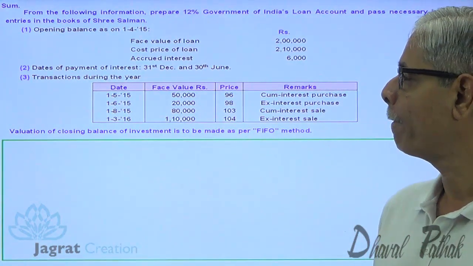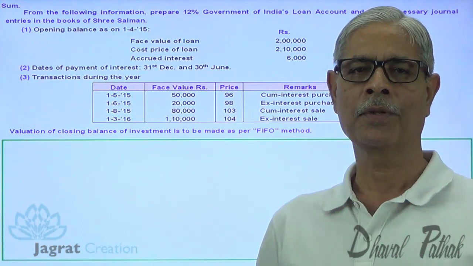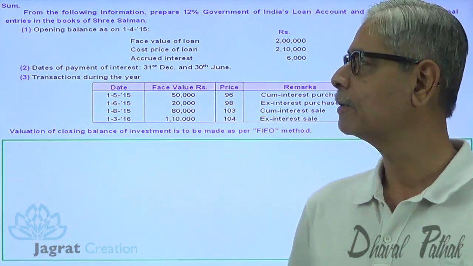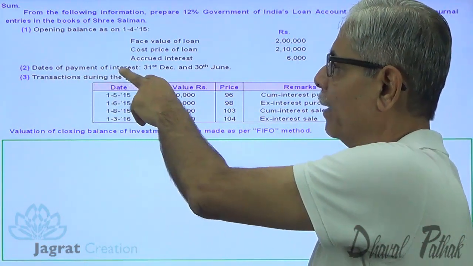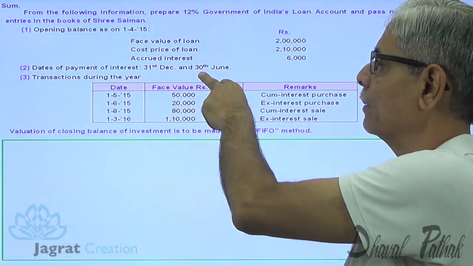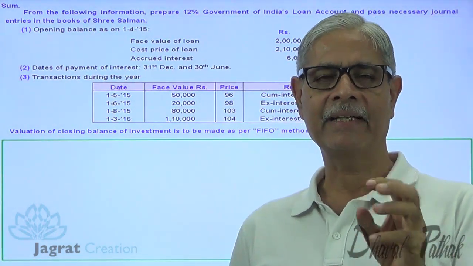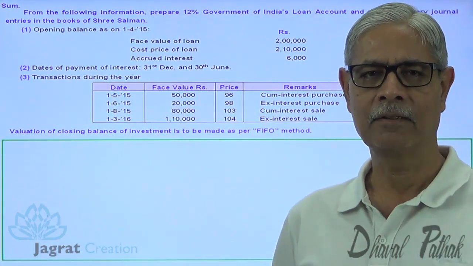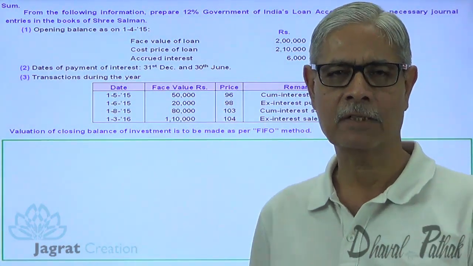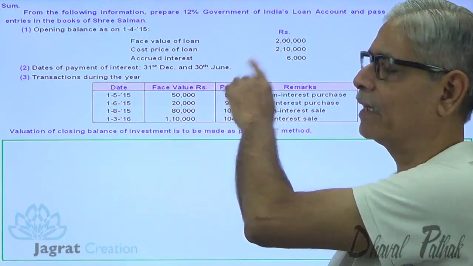Now, the next important point that I want to bring to your notice is that on this investment, the dates of payment of interest are 31st of December and 30th June. So we get interest on the face value of investment on the interest date.